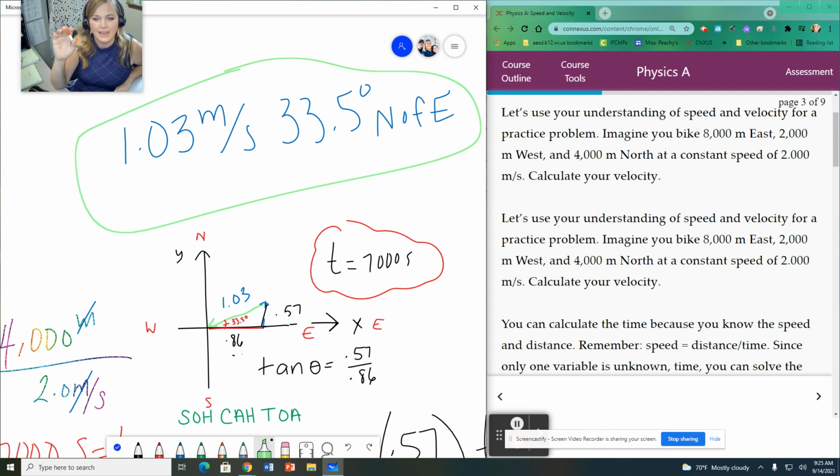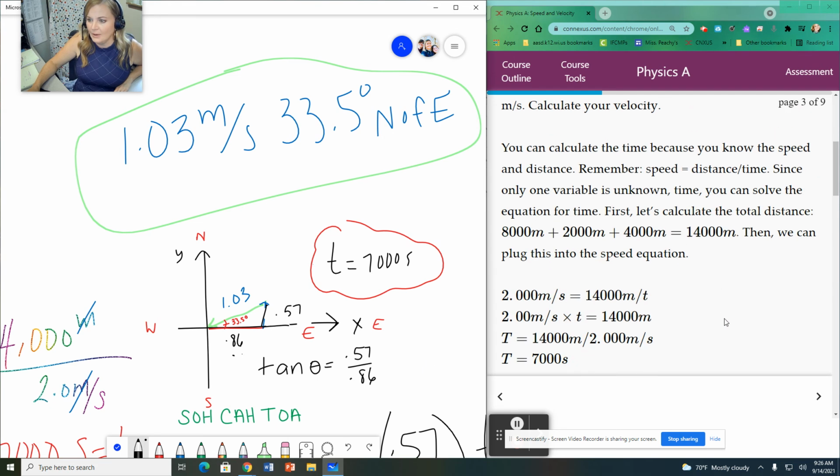If I were doing east of north, then I would want this angle right here, but they don't usually use that one. So we don't have to worry about that. We're just going to use this one because we're moving to the north of east.